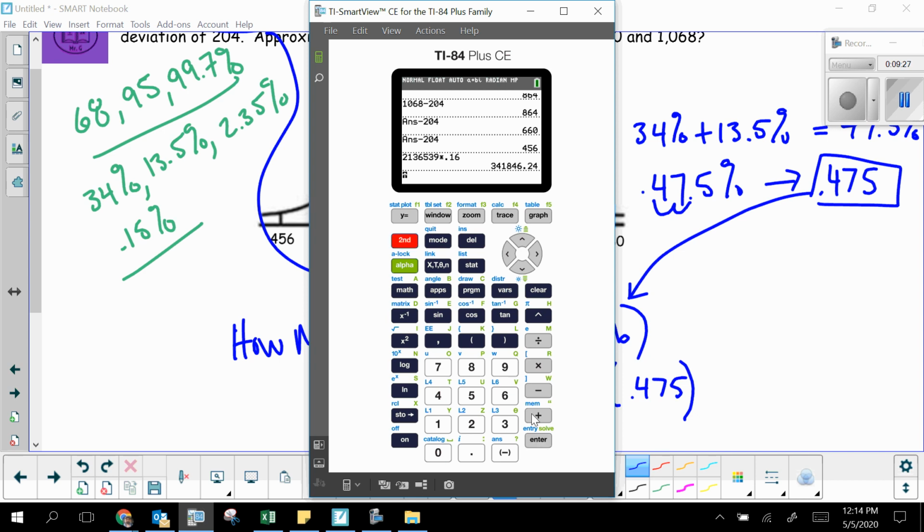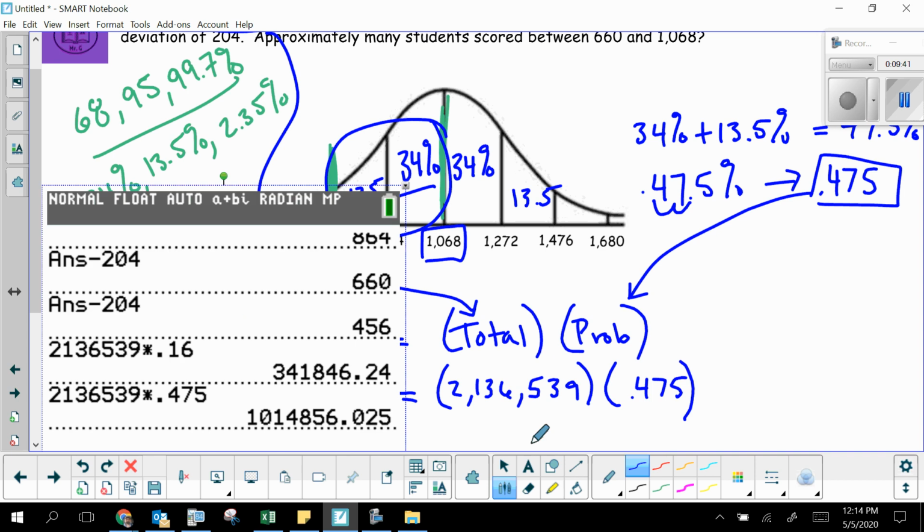One thing I love about the TI, second enter, change this to 0.475. And we see that that gives us approximately 1,014,856. Ta-da.